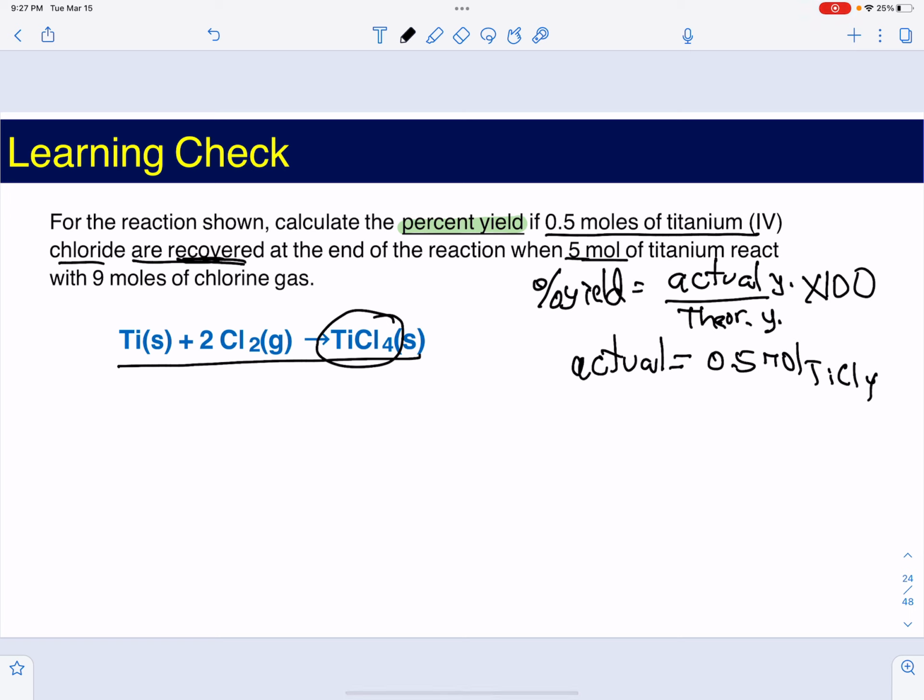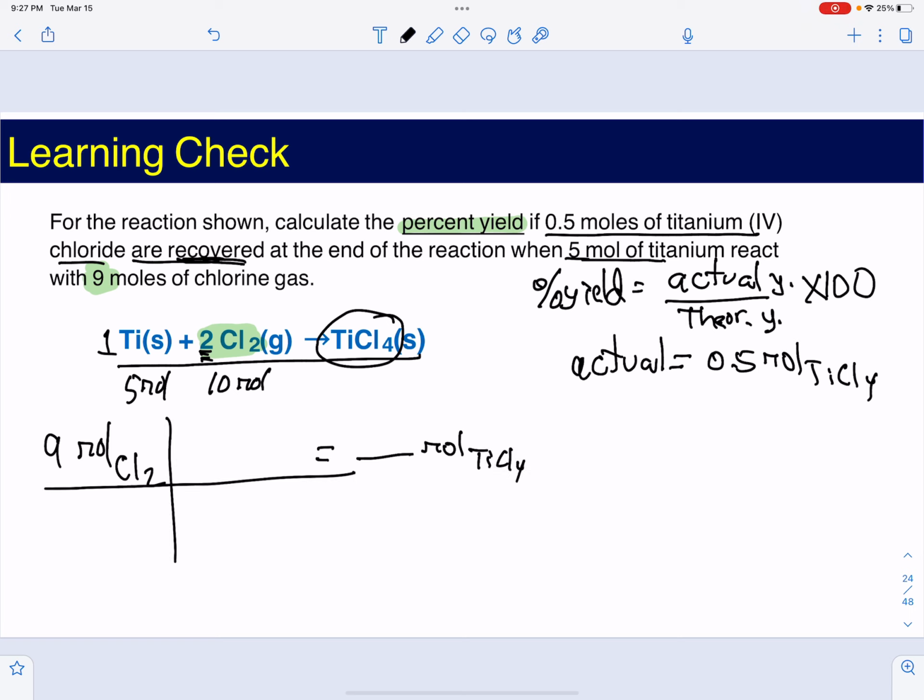You have 5 moles of titanium, and you're going to need twice as much of the chlorine gas, so you're going to need 10, but you only have 9, so the chlorine gas is my limiting reactant. So using only my limiting reactant, which is 9 moles of chlorine gas, I'm going to find my product, which is the moles of titanium 4 chloride.